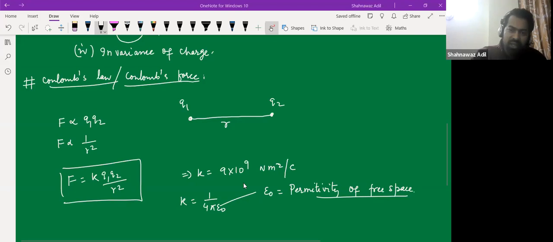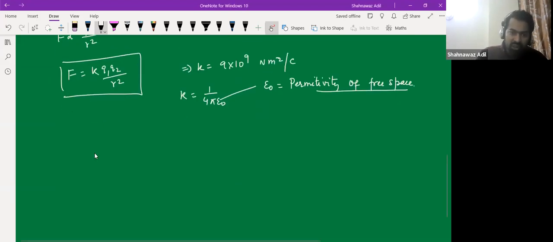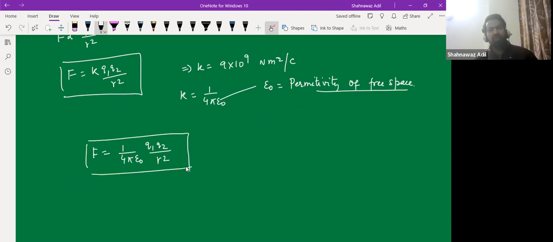So we can write the Coulomb force as 1 by 4 pi epsilon naught Q1 Q2 by R square. And remember, is force a scalar quantity or a vector quantity? What is force?